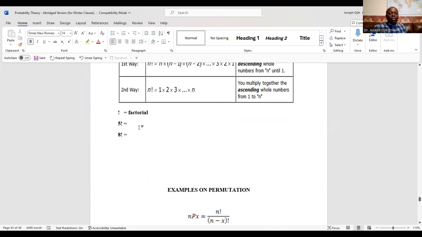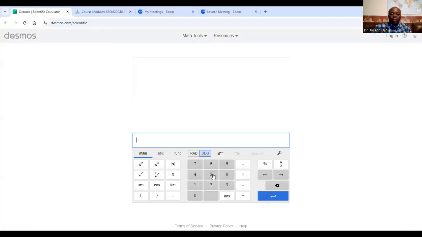For example, 5 factorial means 5 times 4 times 3 times 2 times 1, which we can get from the calculator, and that is 120.